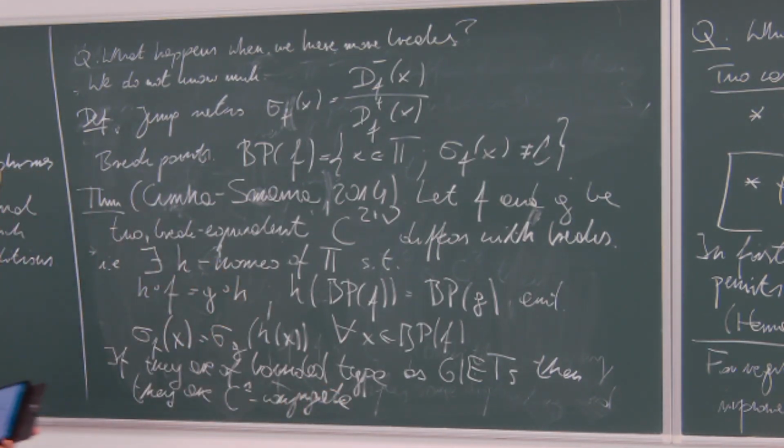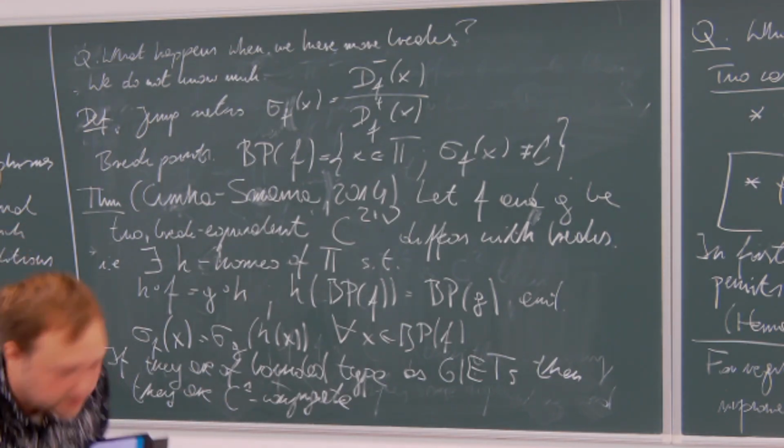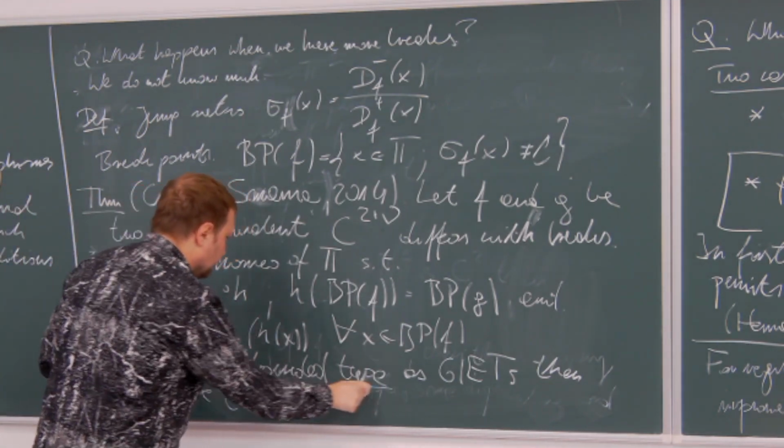And now, of course, this is something that hasn't appeared before. So what does it mean, bounded type?